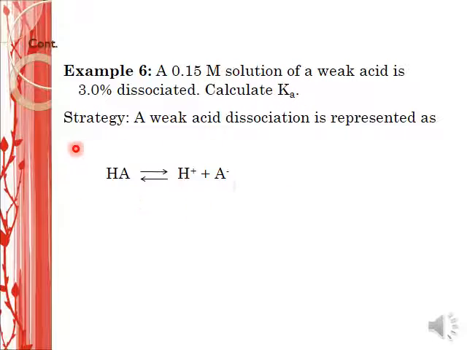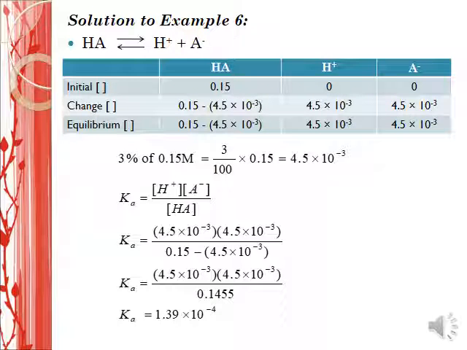Again, write the expression. When a weak acid dissociates, it becomes H plus and also A minus. Put it in the ICE table. The initial concentration is given to you, and you are given percent of ionization. Go back to the formula of percent ionization, which is equilibrium over original times 100. You get 3%.